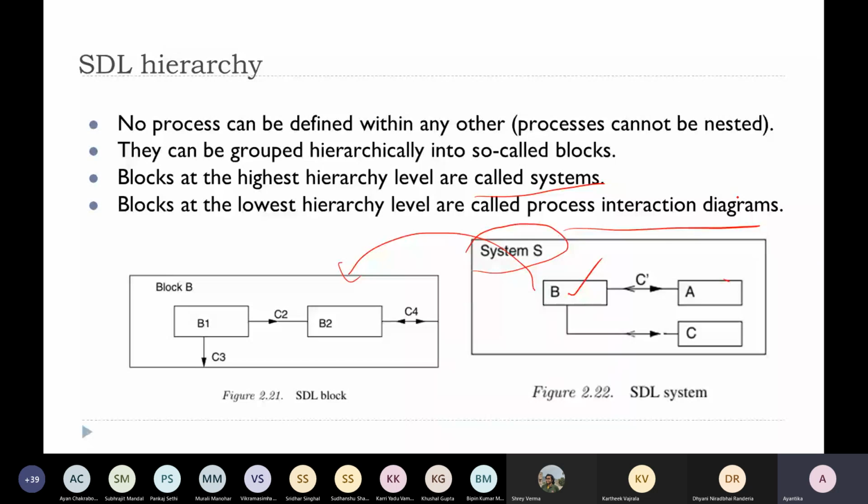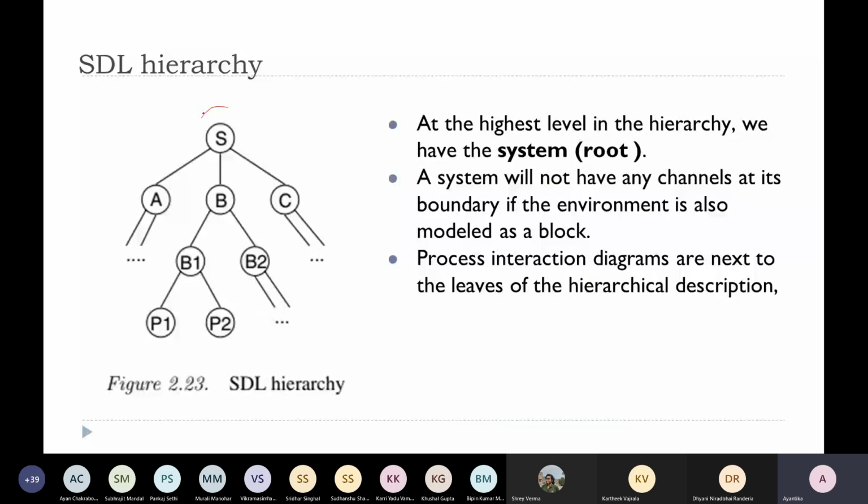So maybe this is the hierarchy. You can see this is a system based on sub-components, and when you reach this sub-component level, you are actually defining how these processes are communicating with each other. Okay.